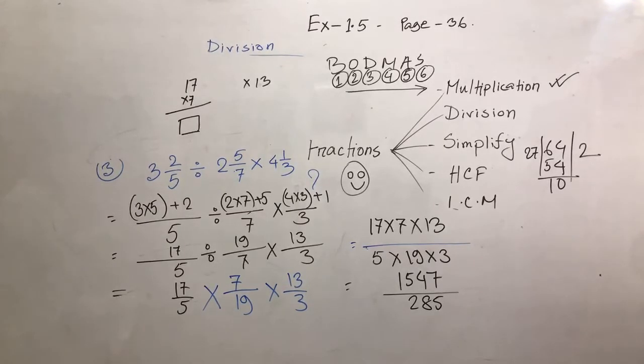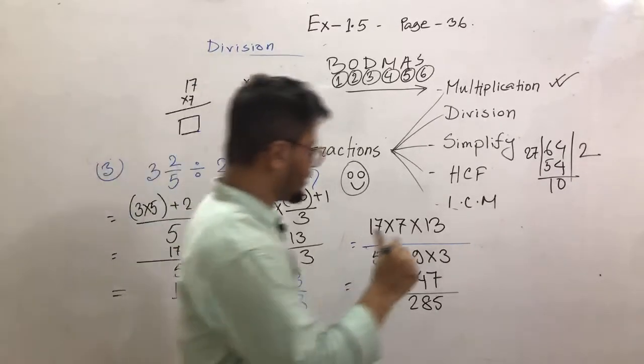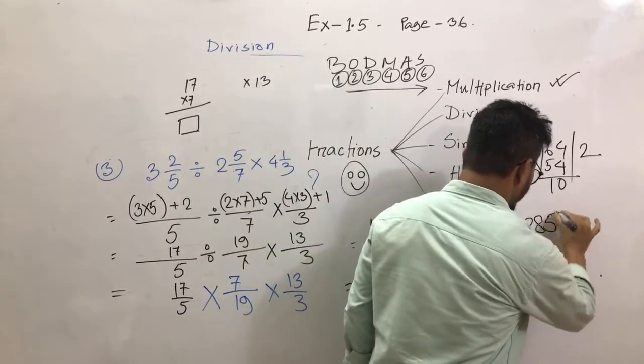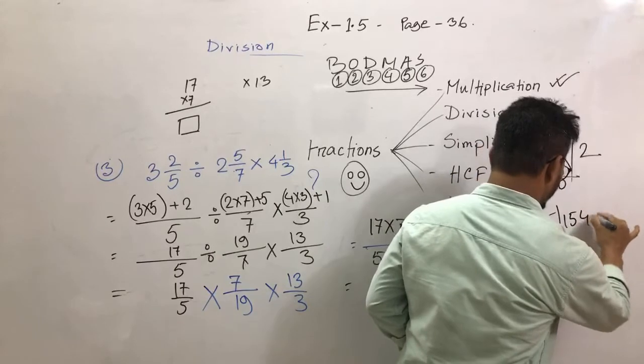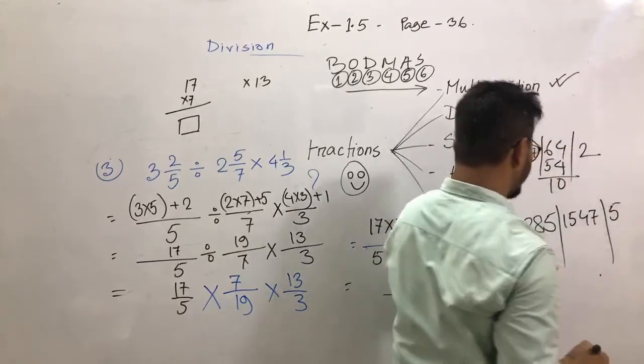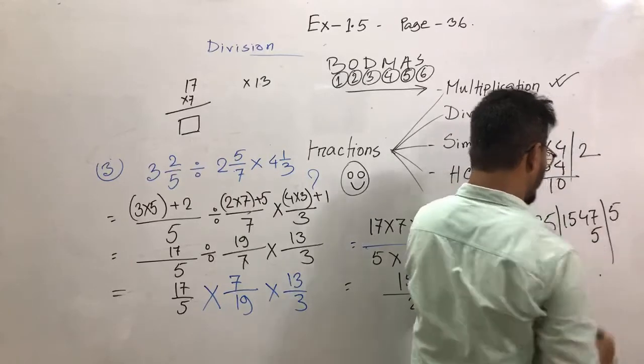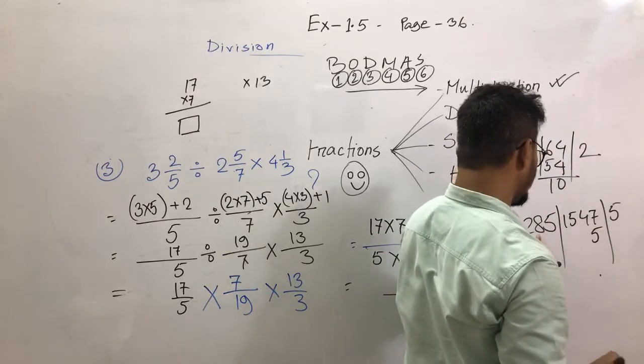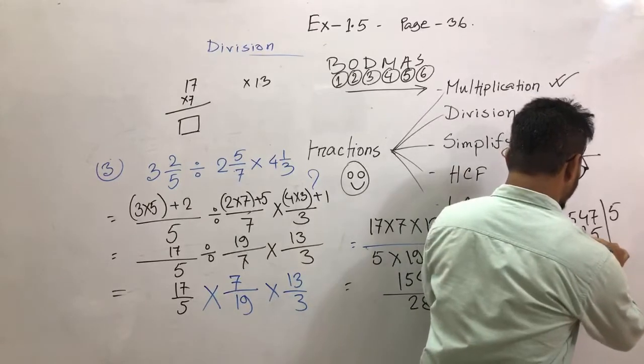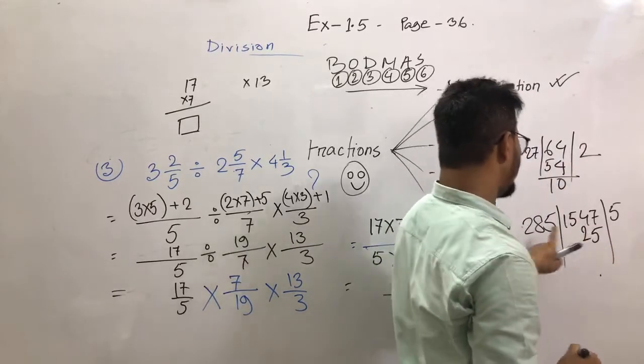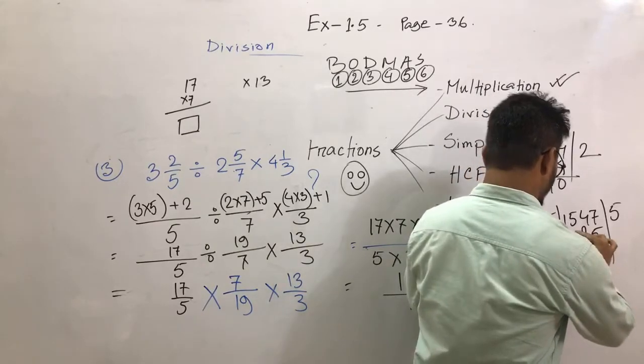1547 divided by 285. If we do here the 5 times, divide this one. 285 divided by 1547. If we write the 5 times, 5 5s are 25, 5 carry 2, 5 8s are 40, 40 plus 2, 42, 2 carry 4, and 5 2s are 10, 10 plus 4, 14.